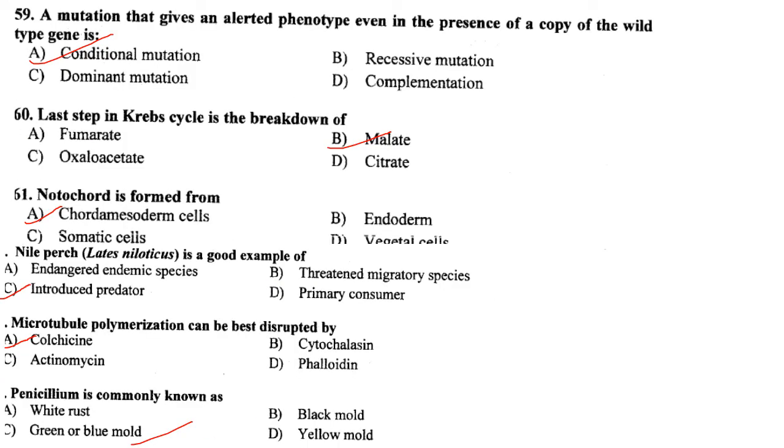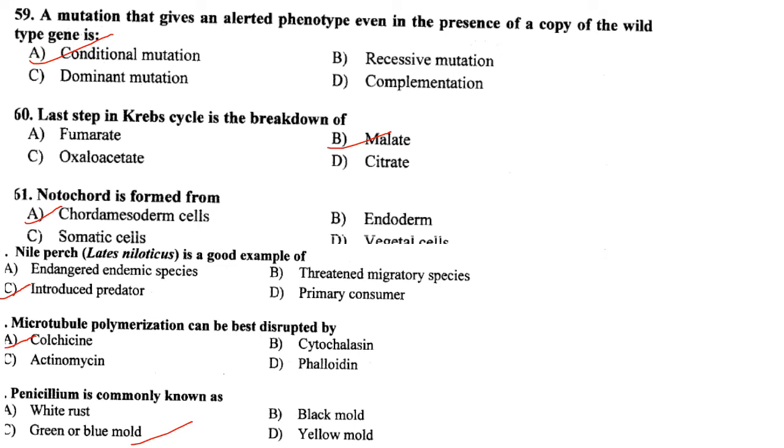Then a mutation that gives an altered phenotype even in the presence of a copy of the wild type gene is. So in class, conditional mutation is a mutant allele that causes a mutant phenotype in only a certain environment called restrictive condition, but causes a wild type phenotype in some different environment called permissive condition.